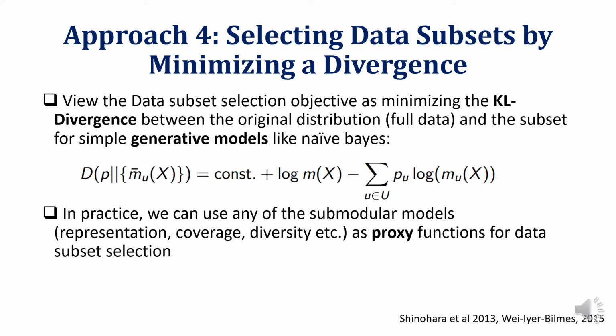So the MUX is the maximum likelihood estimate based distribution on the feature set U, and with respect to the full distribution. In practice, you can use any of the submodular models such as representation, coverage, diversity, etc. as proxy functions for data subset.